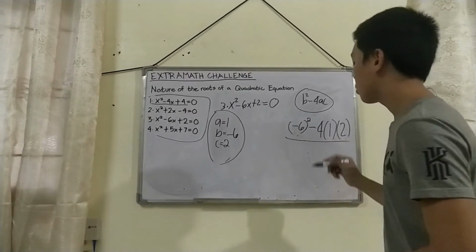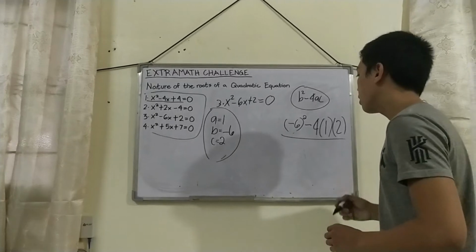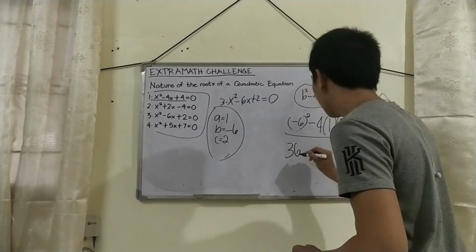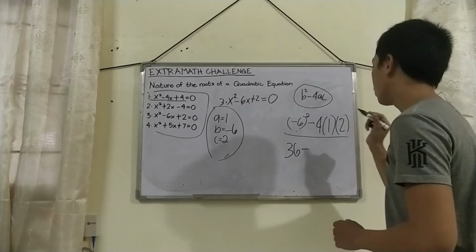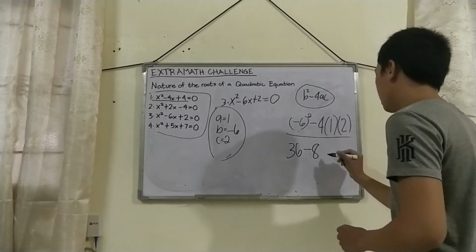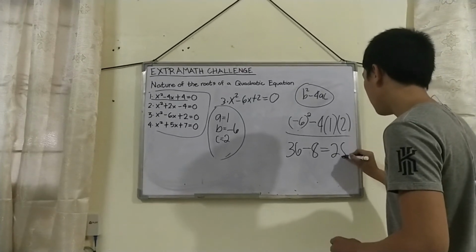So we're going to solve this expression. Negative 6 times negative 6, or negative 6 squared, is equal to 36, minus 4 times 1 times 2 is equal to 8. And 36 minus 8 is equal to 28.